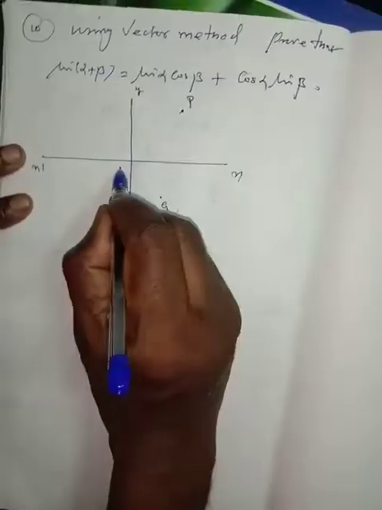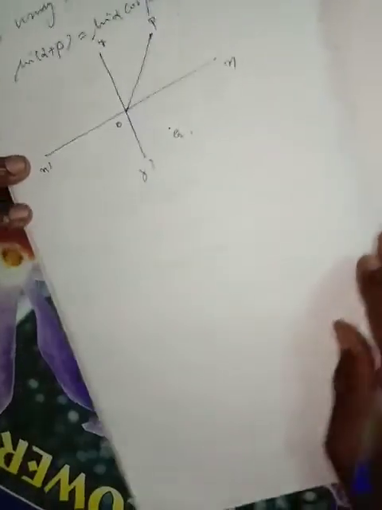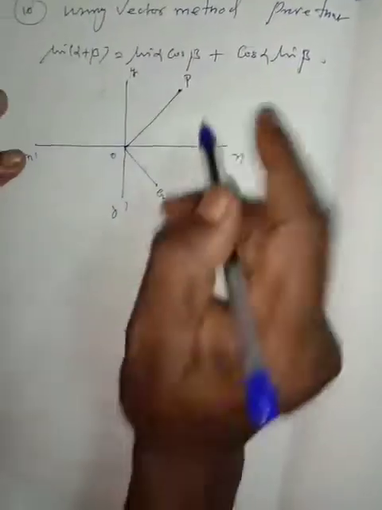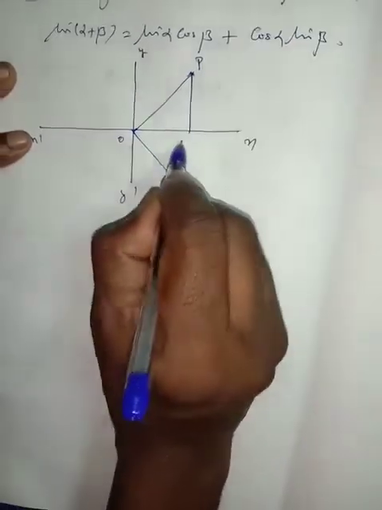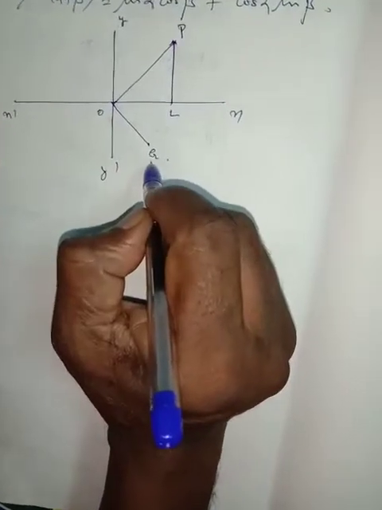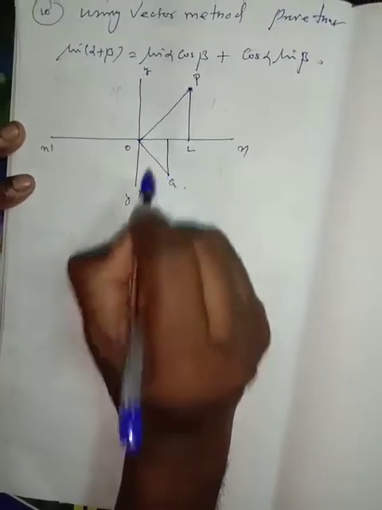Join OP, join OQ, draw a perpendicular line from P to x axis at L. Draw another perpendicular line from Q to x axis at M.